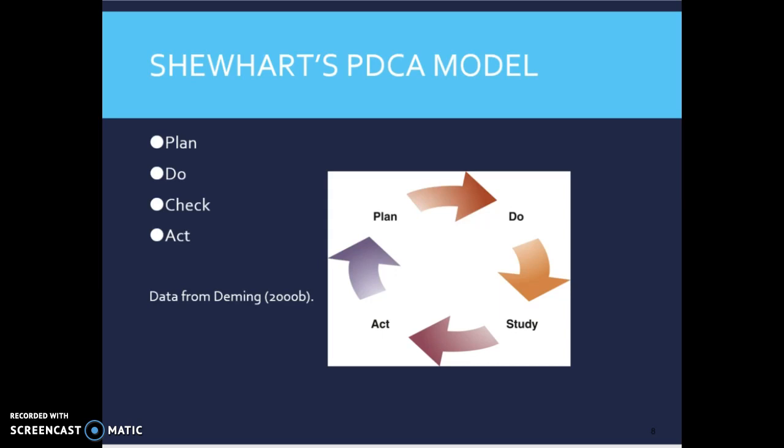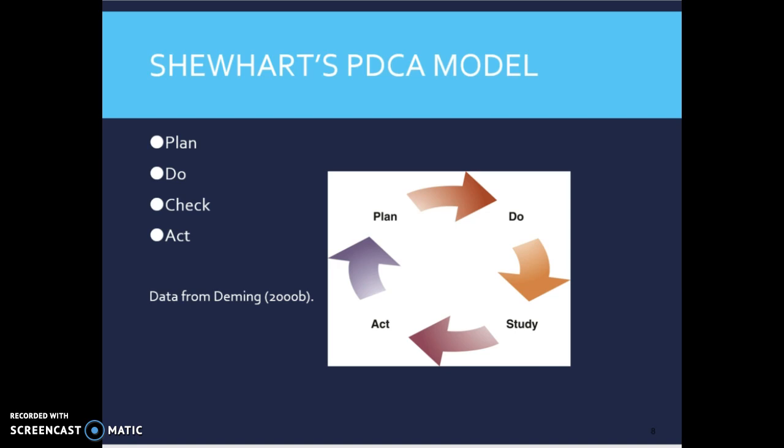So I'm going to talk about a few of the models that are out there. Schwartz, I think it was around 1980, came out with the Plan, Do, Check, Act model. And this came from some earlier work by Deming, who is a quality guru.